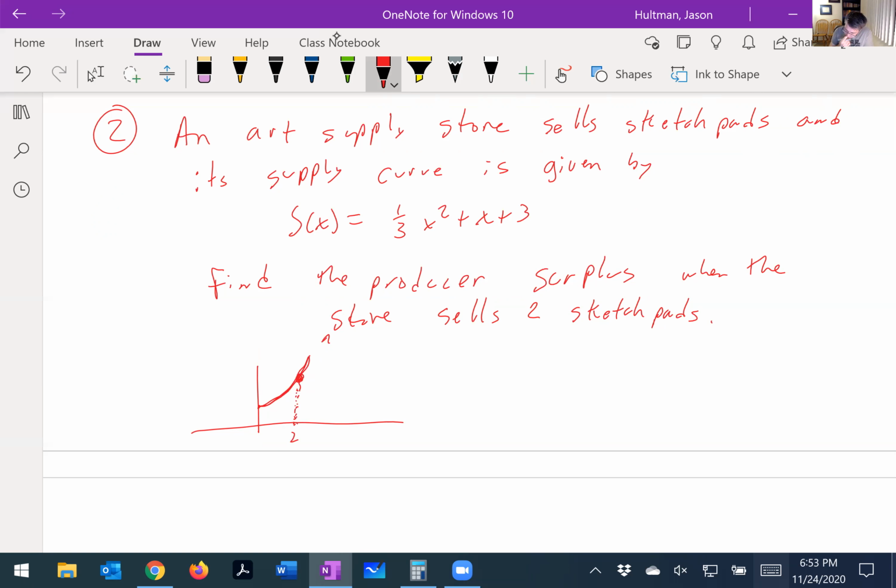So at 2, let's plug in S of 2. S of 2 is 1/3 of 2 squared plus 2 plus 3. So this is going to be 4/3, which is 1 1/3, plus 5. So that's 6 1/3, which is approximately $6.33.